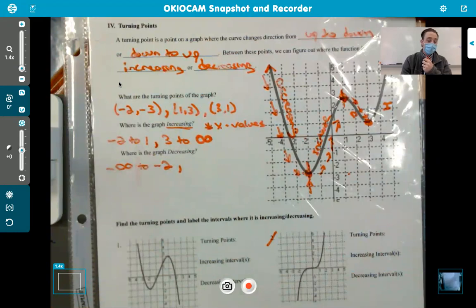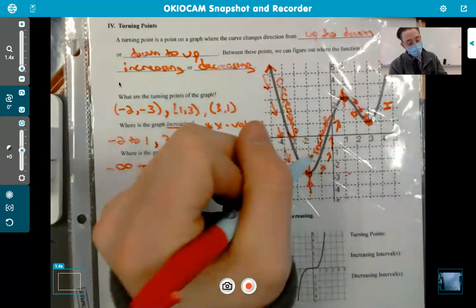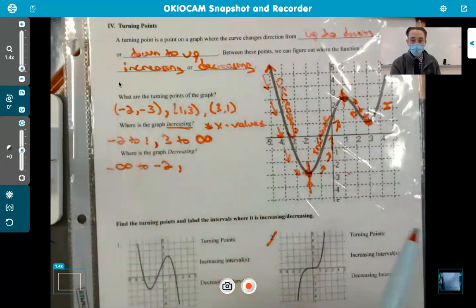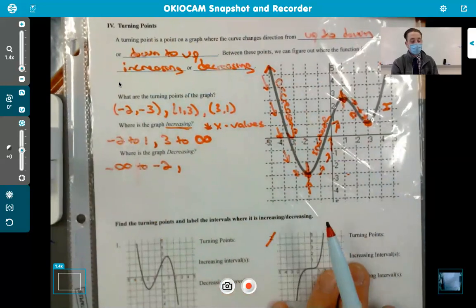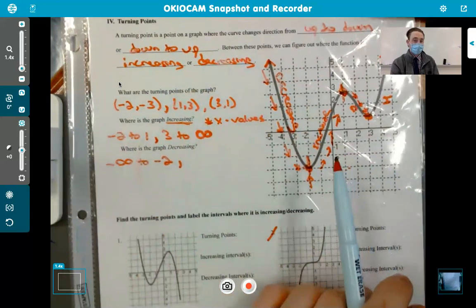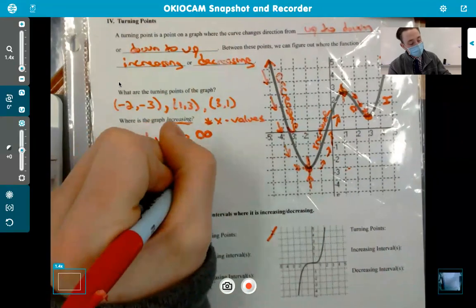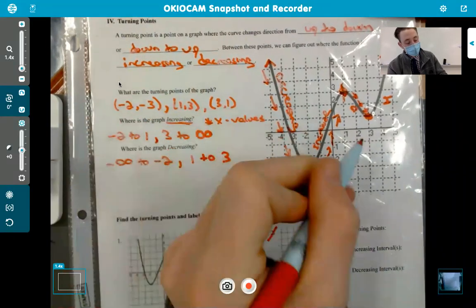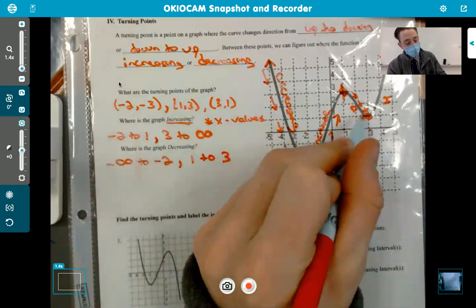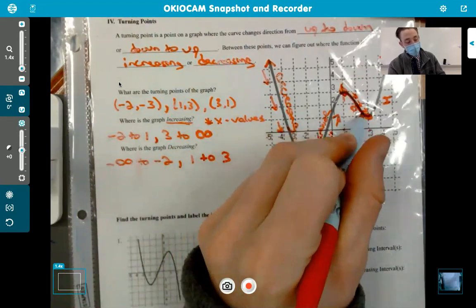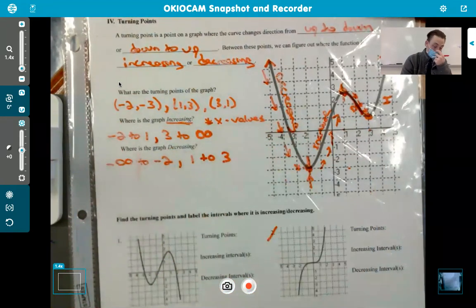Where else on this graph am I decreasing, if I'm looking across here? 1 to 3. From 1 to 3, good. So from 1 to 3, that's the other interval where my graph is decreasing. Okay.